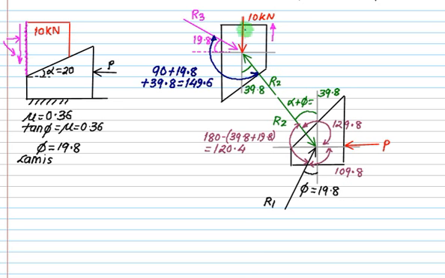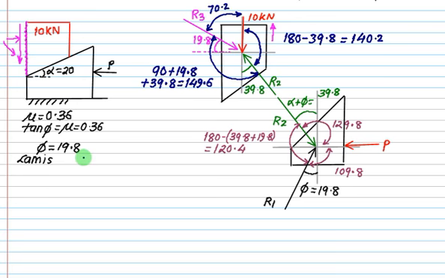What is the angle between this 10 kilonewton and R2? 90 plus, is it 180 minus 39.8, which is 140.2? Now the remaining angle is 90 minus 39.8 and 90 minus 19.8. This angle is 70.2.